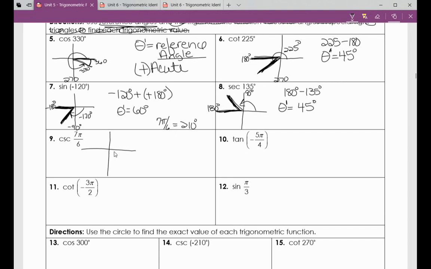Do y'all agree? So 210 is over here, between pi, which is 180, and 3 pi over 2, which is 270. I'm only using the radian language because the problem gave me an angle in radians. So I'm going to take 7 pi over 6 and subtract pi from it. When I do that, I get pi over 6. That's my reference angle.